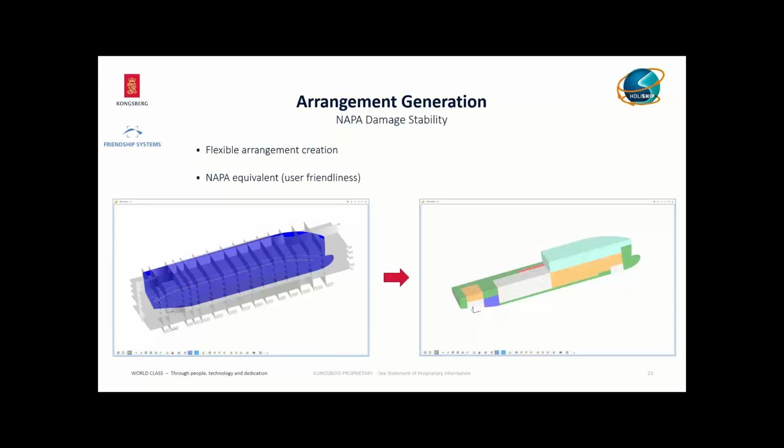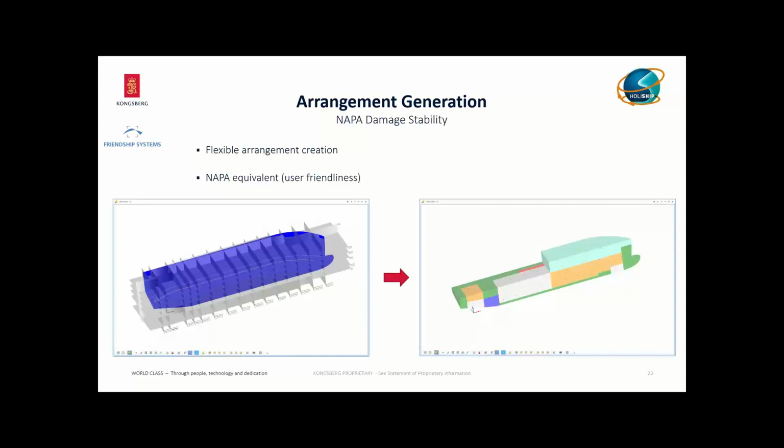These vessels are very specialized, and tank arrangement creation is very complex. It's very irregular, but it ends up that the more tanks you have, the better you will reach your required damage stability index, but also the cost of the vessel increases. So how can we start with a design, an initial tank arrangement, that is as clean as possible and get as high an attained index as possible?